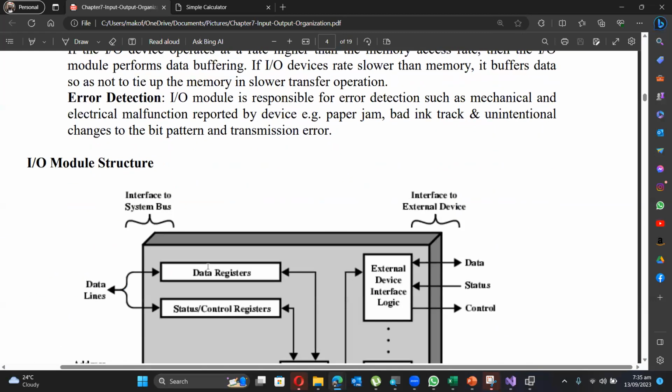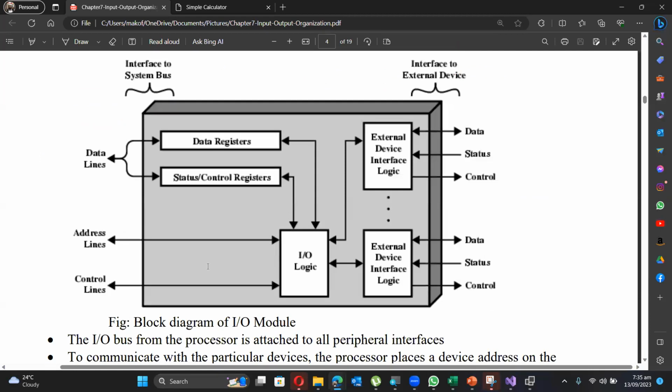So what is the structure of the IO module? The IO module has this structure here, where it has in itself internal registers. Why does it have registers? Because obviously, if it is going to keep track of what things are doing, it needs a place to store that information. So it is the internal registers' job to store that piece of information.